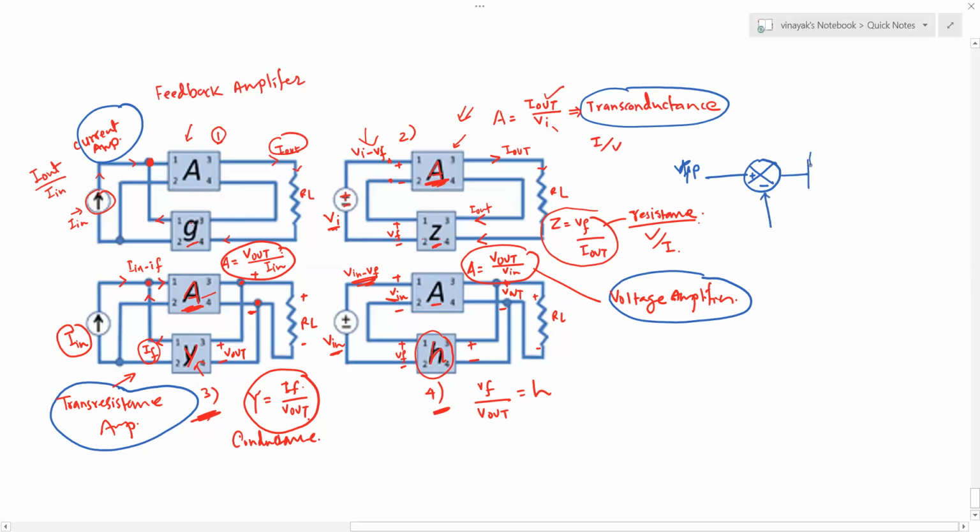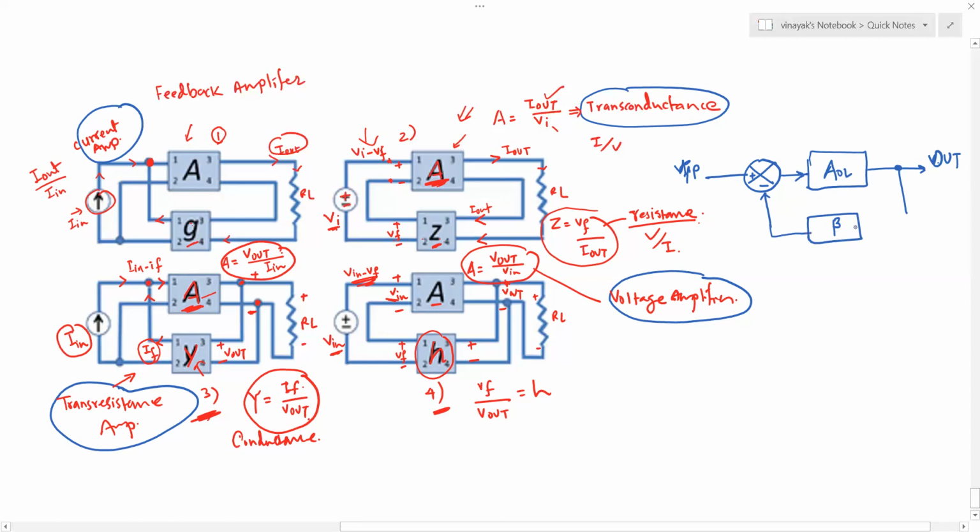Then you have the forward block, which is the gain of the amplifier, and then the output of this amplifier. You take a portion of the output and feed it back through a network made of passives.